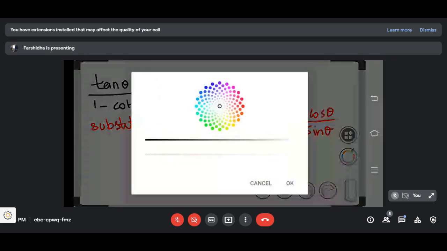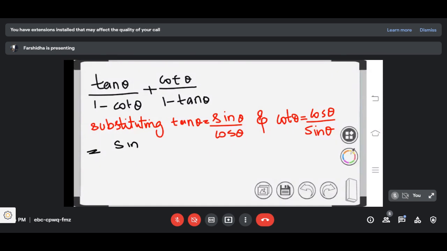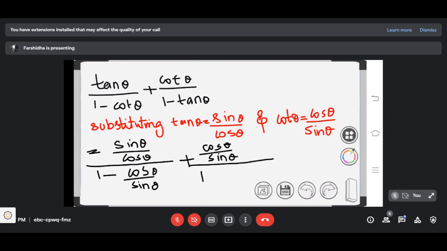Then write, so instead of tan, I'm going to write sin by cos, whole divided by 1 minus cot theta. Cot is what? Cos by sin. Plus cot theta whole divided by 1 minus tan theta. Tan is sin theta by cos theta. So replace everything, tan and cot.